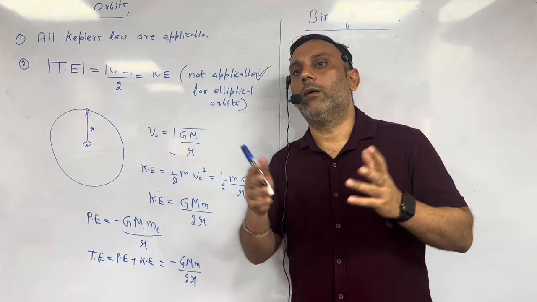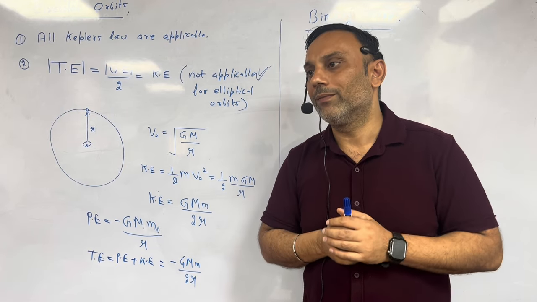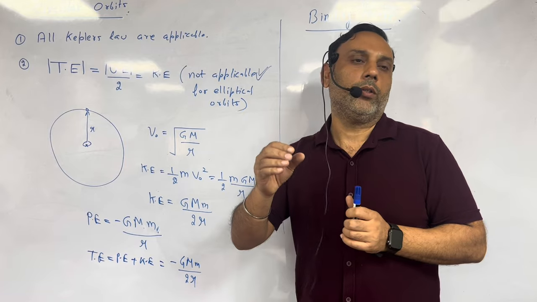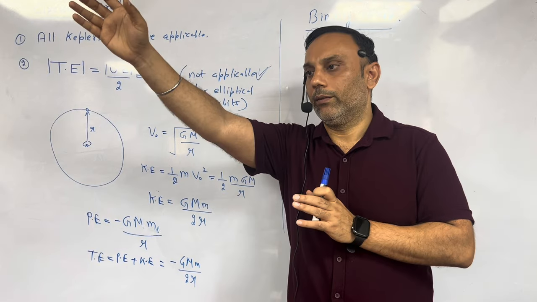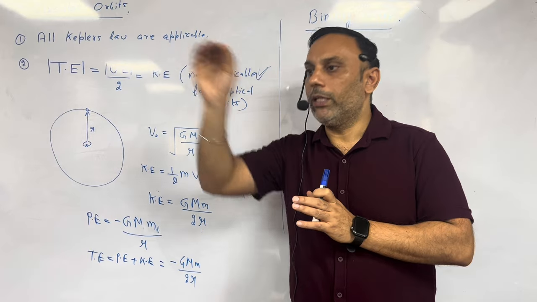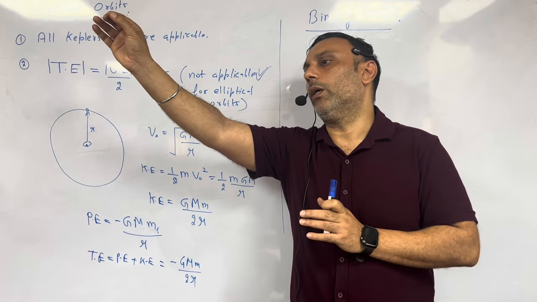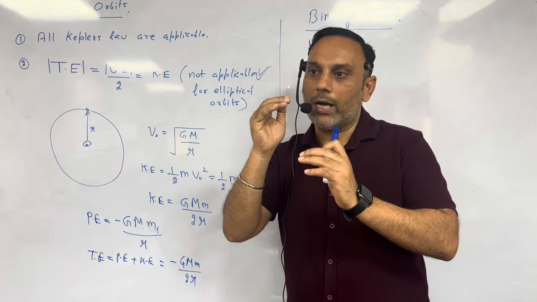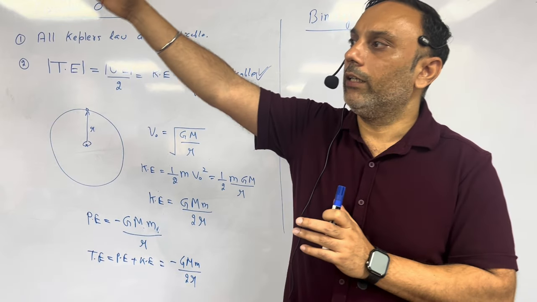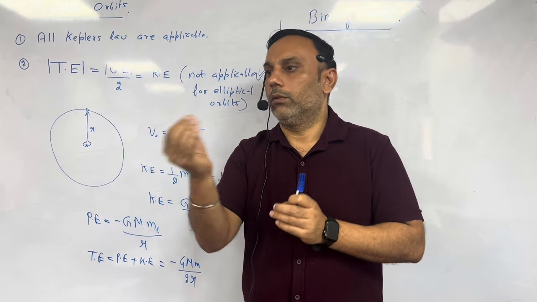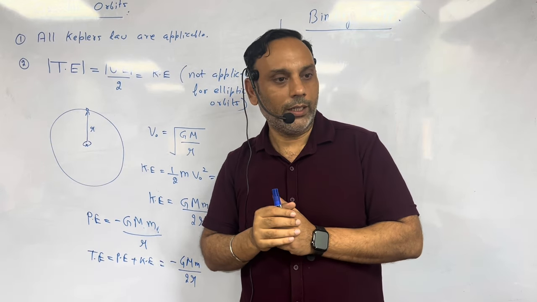Like in the expression of escape velocity, I also explained: if I want to project a body up to infinity, the minimum velocity required at the surface is the escape velocity. And at infinity, velocity has to be zero, right?